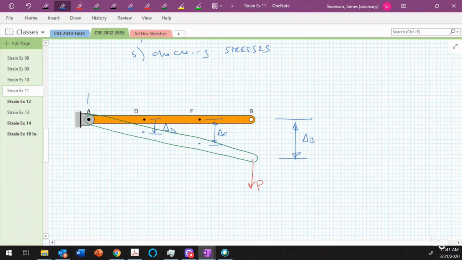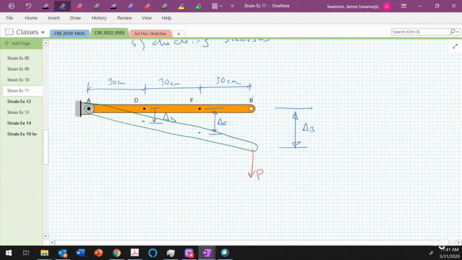Now, we know these horizontal dimensions here. So if we go through and do this, then that is 30 centimeters. This is 30 centimeters. And this is 30 centimeters. So we can use similar triangles in order to write our geometric compatibility relationship.